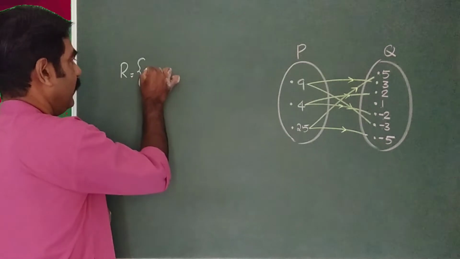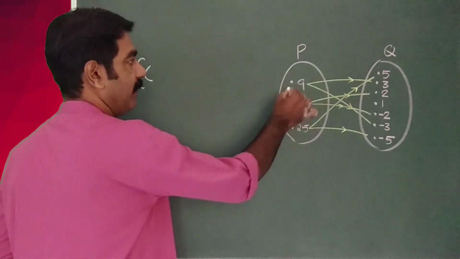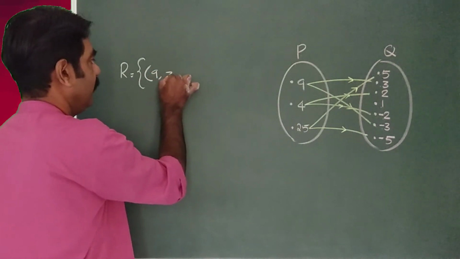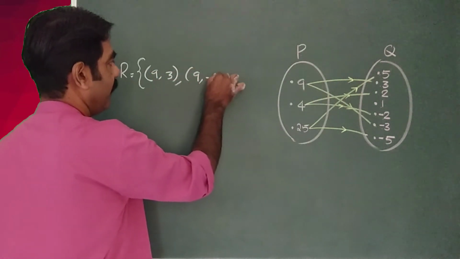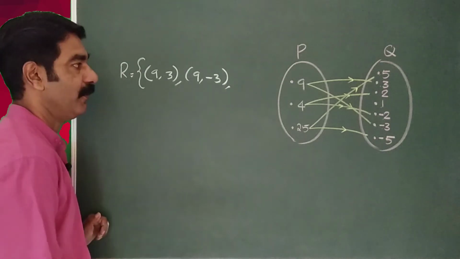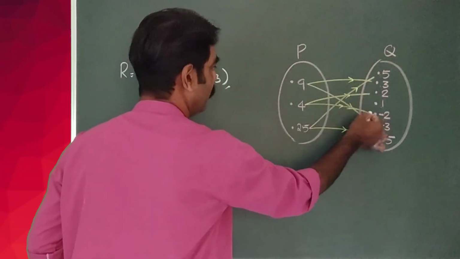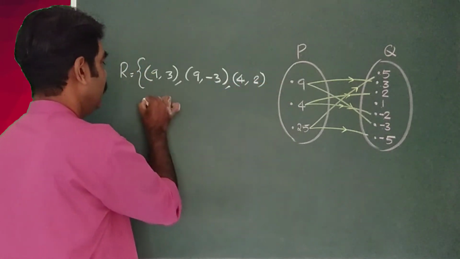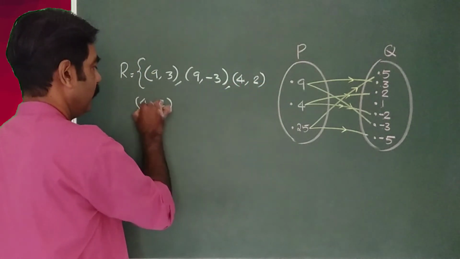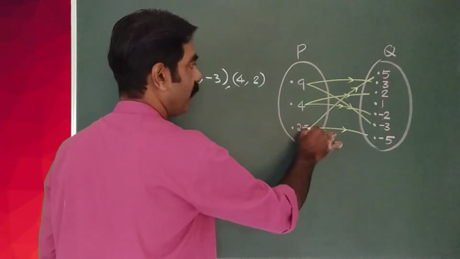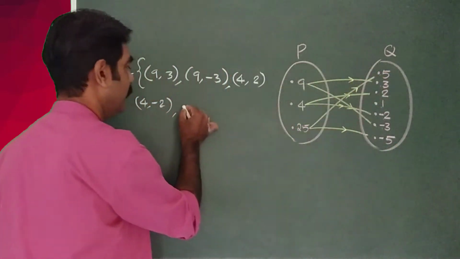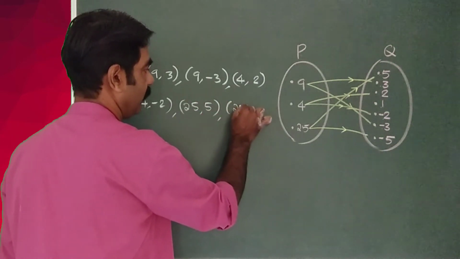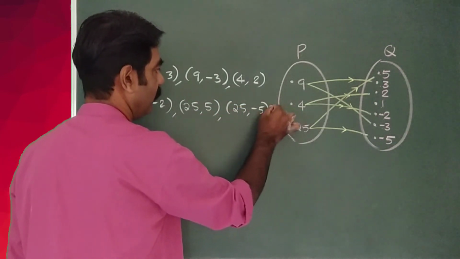R is equal to the set of all ordered pairs: (9, 3) is there, (9, -3) is there, then (4, 2) is there, (4, -2) is there, then (25, 5) and (25, -5). 25 is connected to 5 as well as -5.